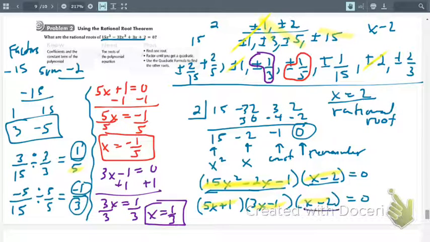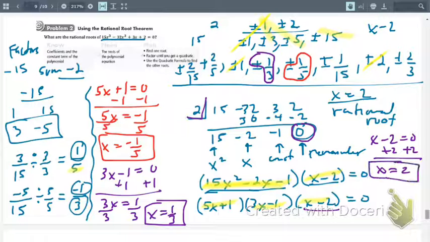And then finally, we have x minus 2 equals 0. We already solved this because right here, when we tested 2, we got a remainder of 0. So x equals 2 we know. If we add 2 to both sides, we know that x equals 2 is also a solution.